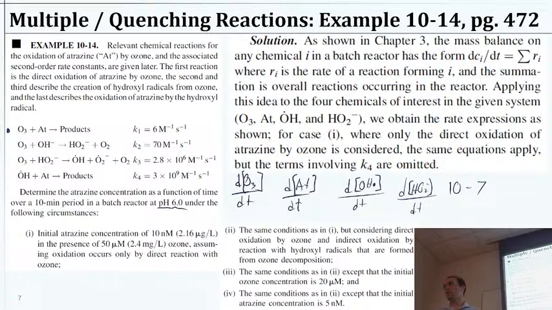It changed a little bit because of the reaction with atrazine, but also changed a bit upon reaction with hydroxyl radicals. So as we form more hydroxyl radicals, the HO2 minus, and as it continues to react with the OH minus to form that, we will have less and less of it. Okay? Does that make sense?